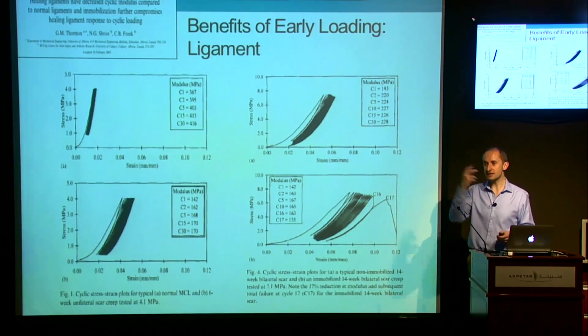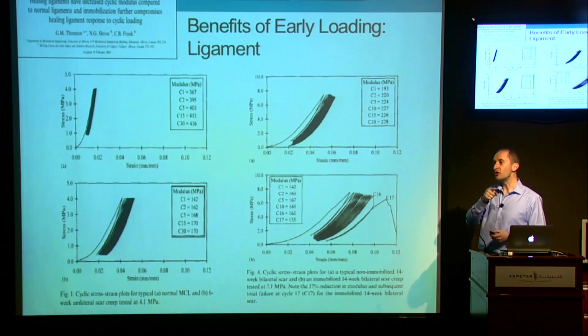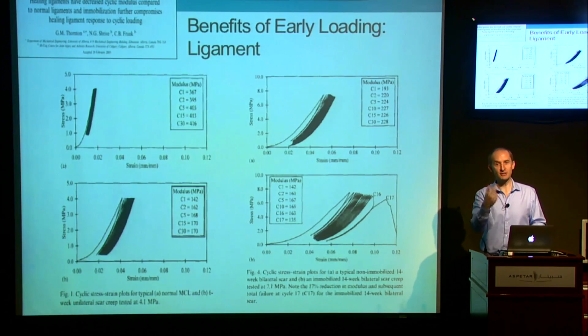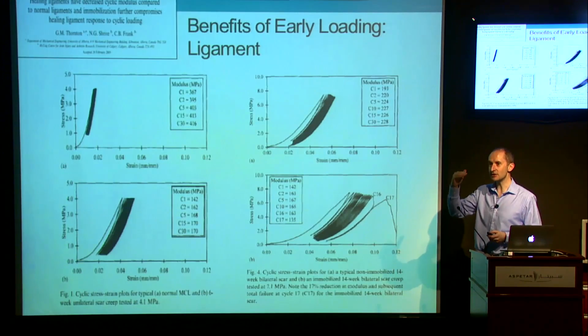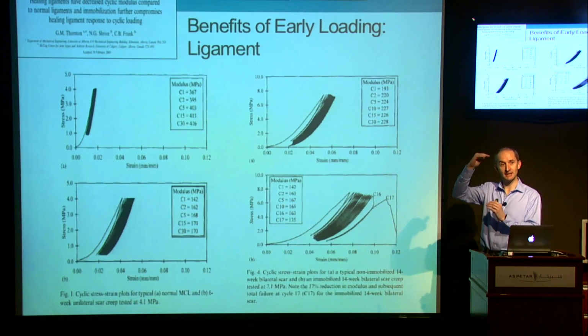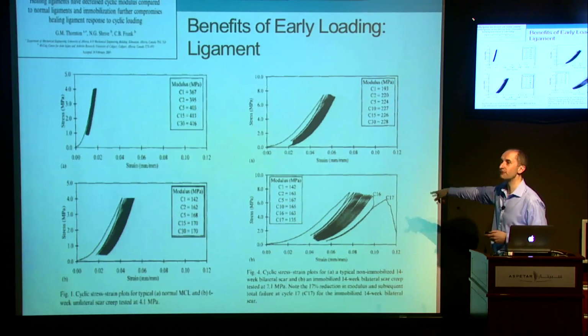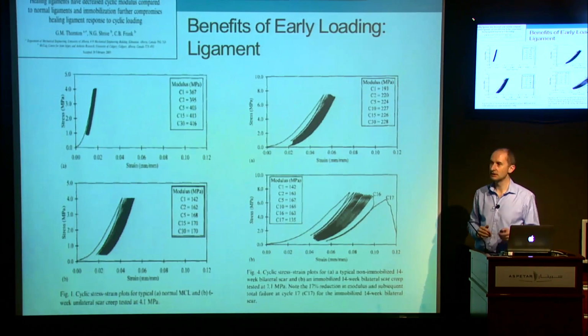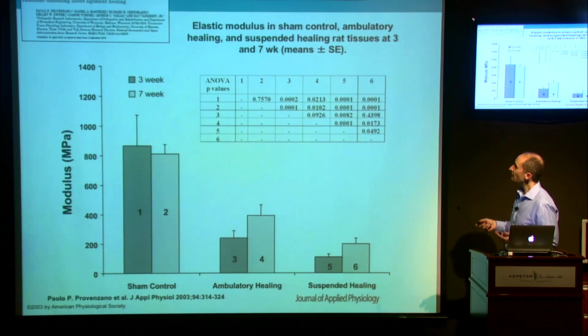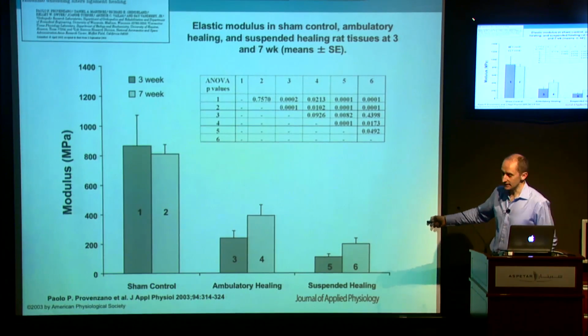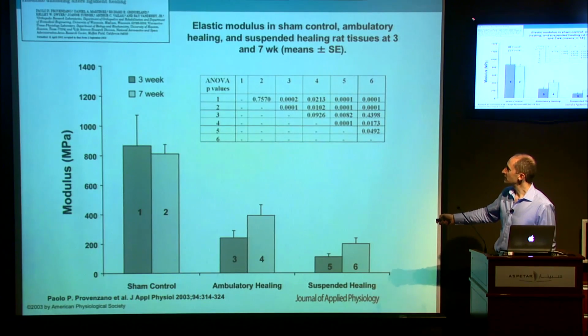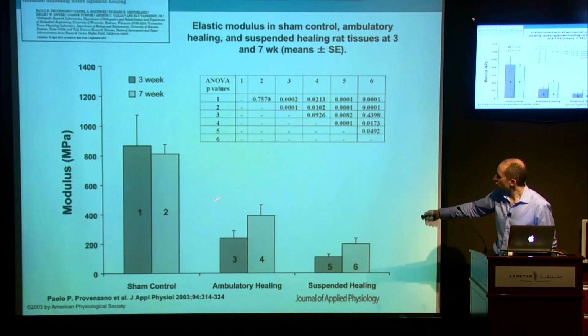So I would encourage us, therefore, to consider the number of repetitions and how many cycles of loading we're doing, not just think in terms of the extent and the intensity of that loading. Okay? So it's not just intensity of loading, but frequency of loading that will be important. We see the same thing again here in a model that looked at rat tissues.